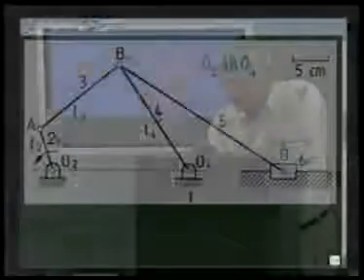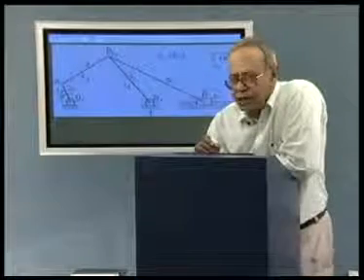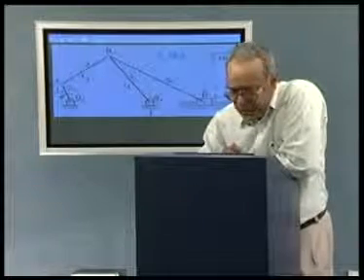Now for this problem, first we have to see that the 4-link mechanism O2ABO4 happens to be a crank rocker, because the maximum link length O2A, which I may call L1, that is L max, and L2 is L min, and L max plus L min is less than L3 plus L4, that is the other 2 link lengths.